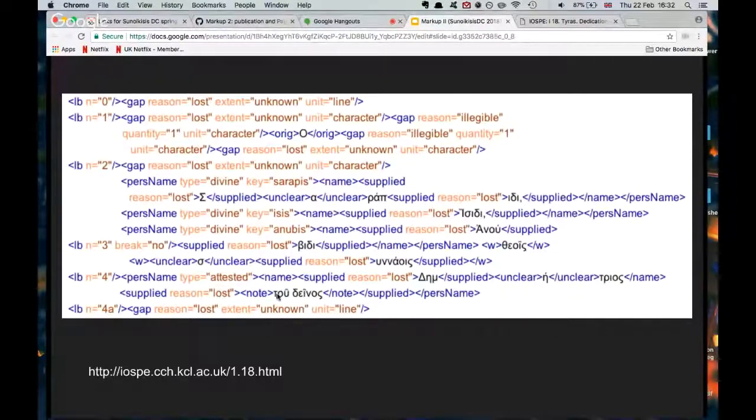We're just saying this gap isn't an ordinary gap, because we can guess what type of content there was in this place, but we can't restore it. So that I thought was something interesting to show. And in the last line, we have a gap as well.